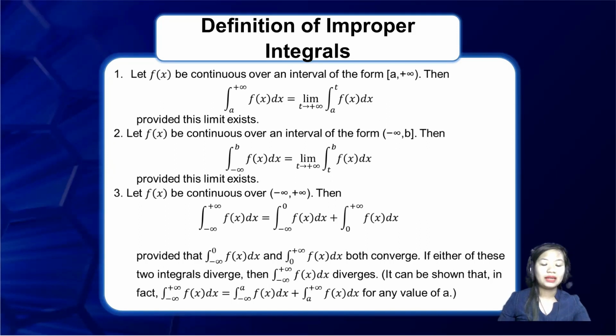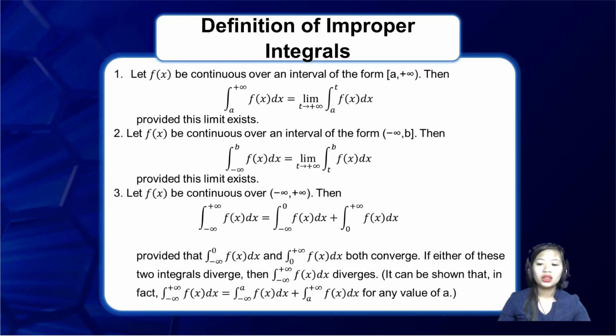And number three, let f of x be continuous over negative infinity to positive infinity. Then following this formula, provided that the integral of f of x dx from negative infinity to 0 and the integral of f of x dx from 0 to positive infinity both converge. If either of these two integrals diverges, then the integral of f of x dx from negative infinity to positive infinity diverges.